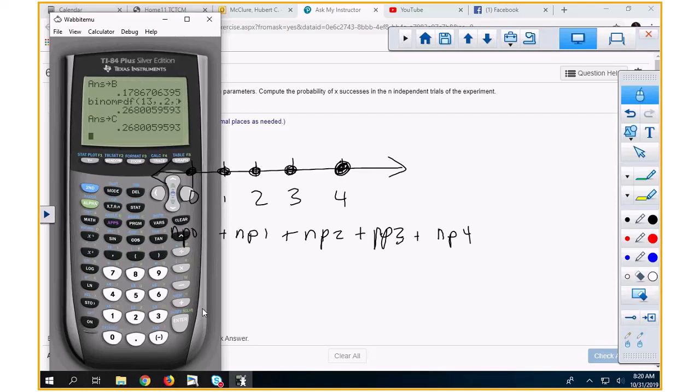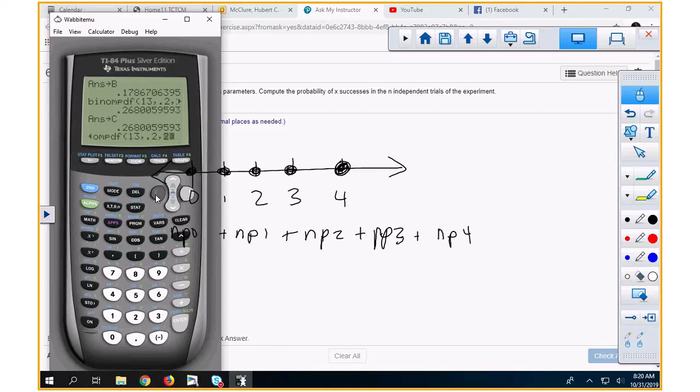Now there's much harder ways to do it, but this is the easiest way to do it, unless you use the cumulative. I've never used it before, but anyway, that's C. So what's next? I did 2.